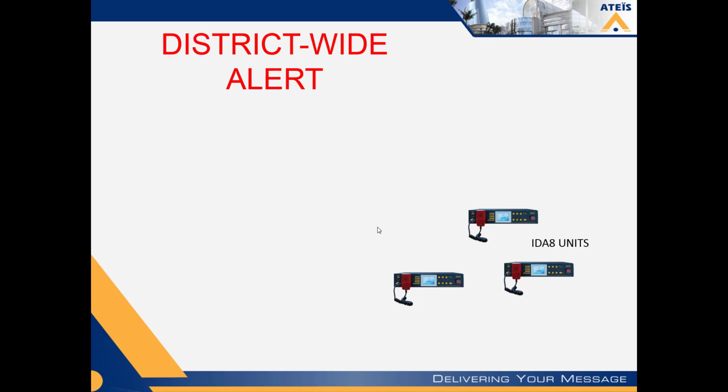It doesn't care. It's just raw audio and amps and speakers that we're in the middle of. But all these ID8 units now become your gateway into that school, and they can reside on your network, on your LAN and WAN, because they have an Ethernet port. And then that gives us the ability to easily do district-wide paging and messaging.